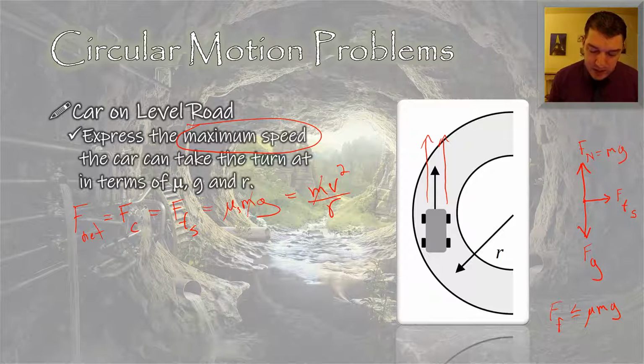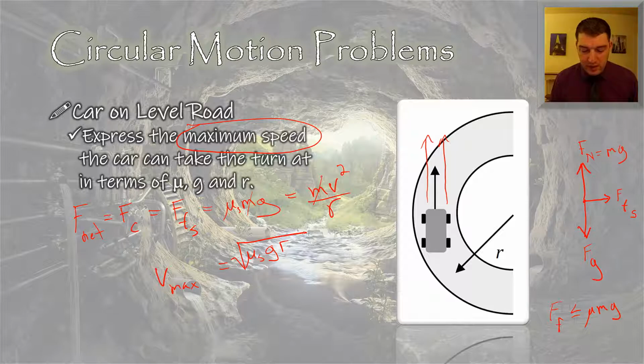So I'm trying to get the maximum speed. That's going to be my v variable here. So I'm solving for v, so we multiply both sides by r and then take the square root. And so v max is going to equal mu s times g times r, and then we take a square root.